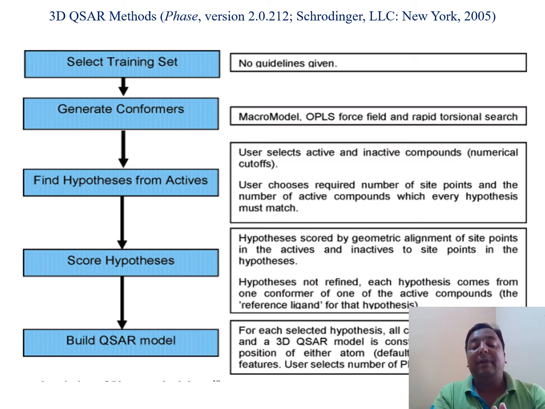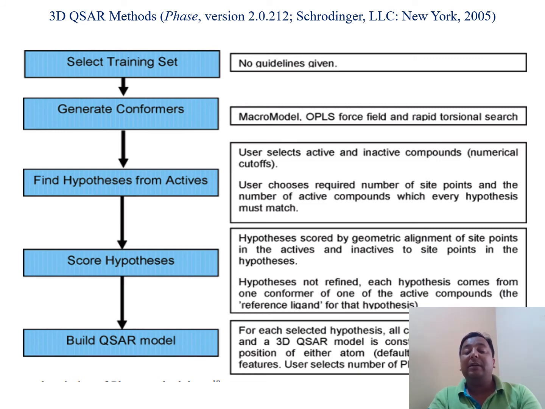Let me give you one example. Suppose our data set has 10 compounds, and their biological responses are 1, 2, 3, 4, 5, 6, 7, 8, 9, 10 micromolar. If you want to divide into active and inactive, and you say that 60% of compounds should be active and 40% should be inactive, what will the ranges be?